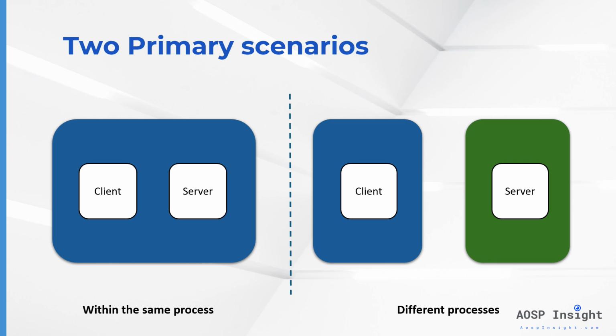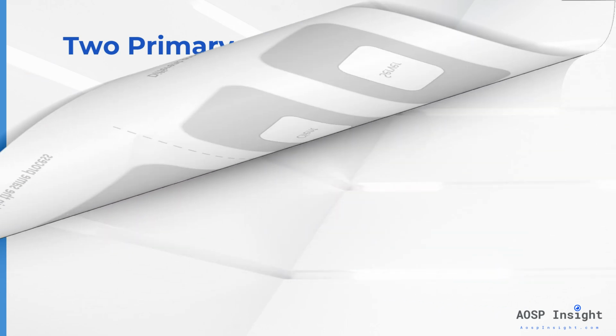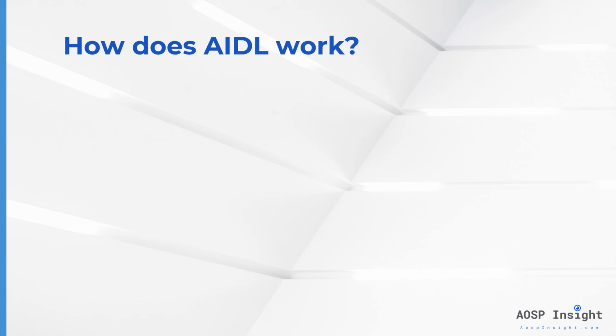In this case, the caller and the server exist in separate processes. The interface is implemented in a different memory space but can still be accessed by the calling application. AIDL enables communication between these processes, letting an application interact with the interface regardless of whether it resides in the same or different memory space.